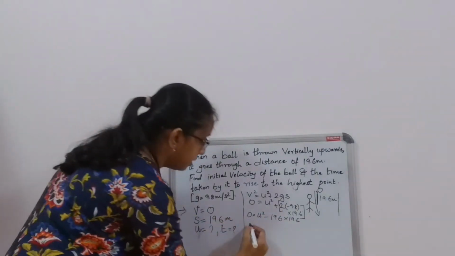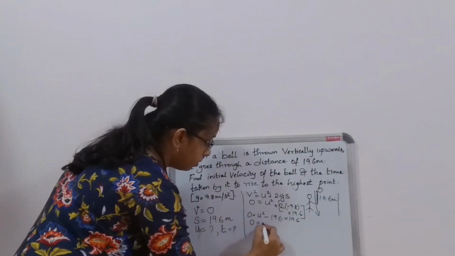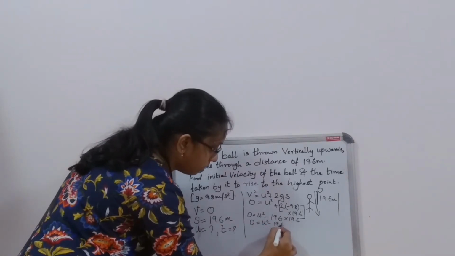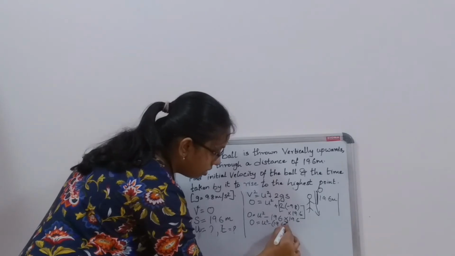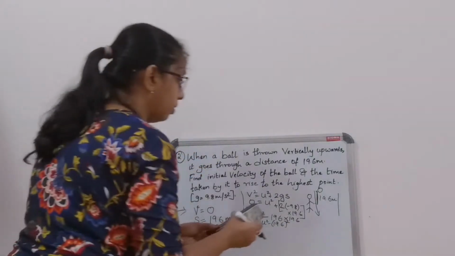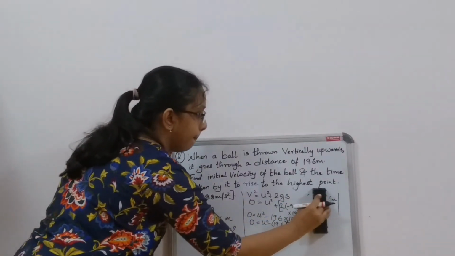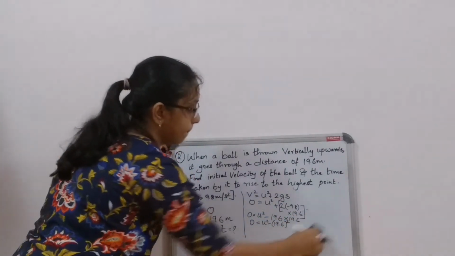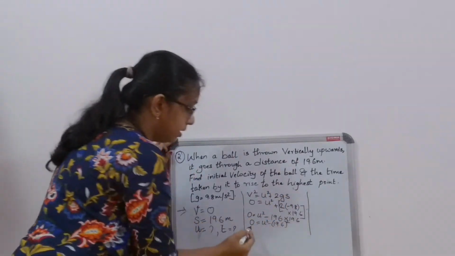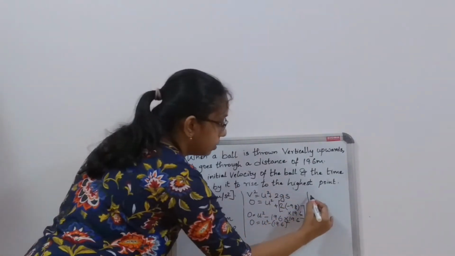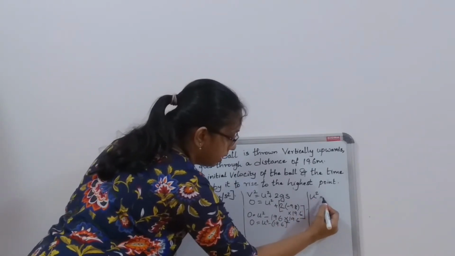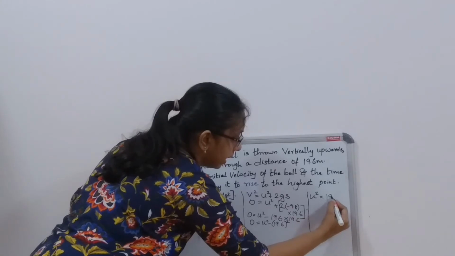Next, 0 is equal to u square minus 19.6 the whole square. Next, taking this to the other side, we will get u square is equal to, this negative sign will vanish, 19.6 square.